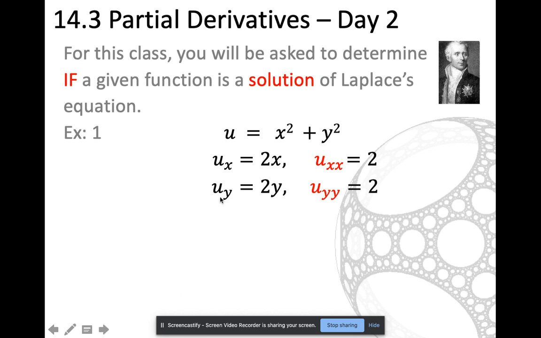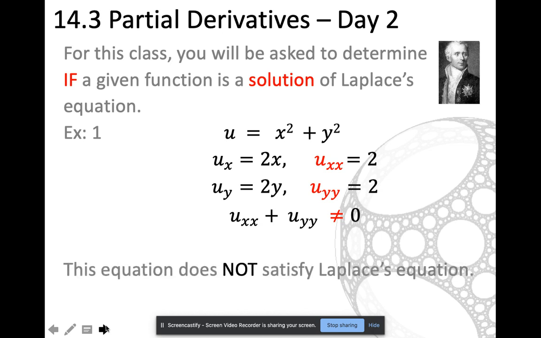When I do that for y, the first derivative of u with respect to y is 0 plus 2y, and then the second derivative of that expression in terms of y is just 2. Add them together and I do not get 0. So x squared plus y squared does not satisfy Laplace's equation.